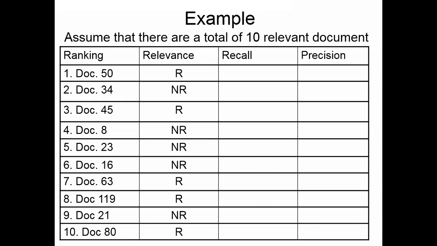If it retrieves only 1 document, and since document 15 is relevant, there are 10 relevant documents, and out of the 10 it remembers 1 of them. Recall is 1/10. What about precision? The system is retrieving 1 document, and that 1 document is relevant. Precision is 1/1.